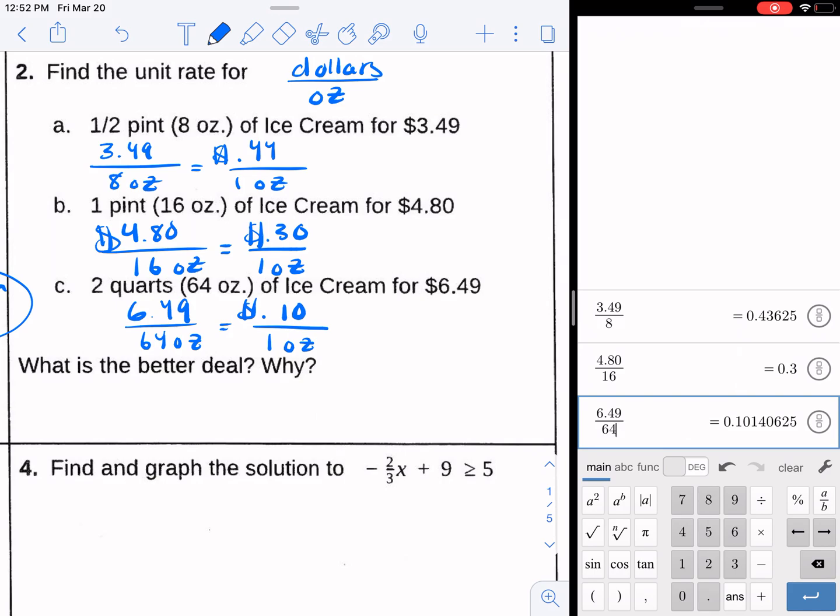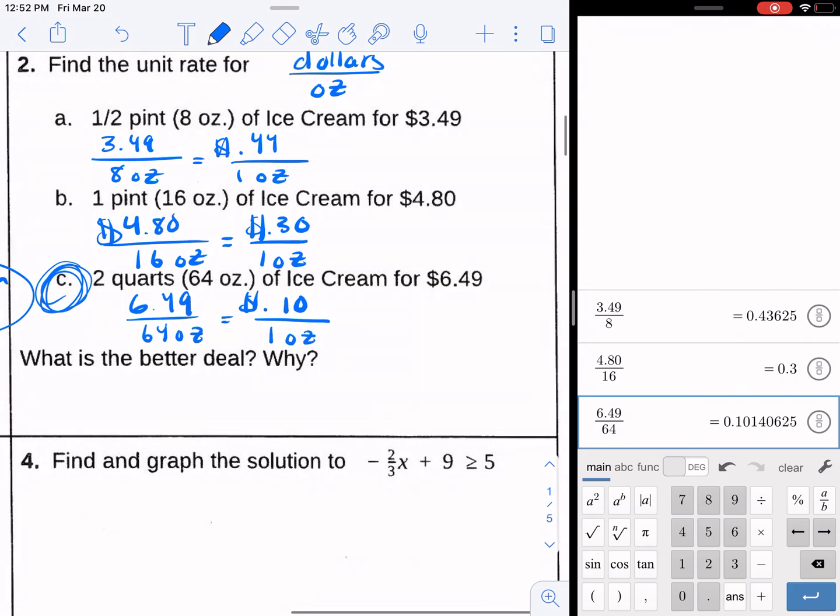So, which is the better deal and why? Well, I mean, it's kind of obvious, isn't it? It should be C. The reason why, well, because it is 10 cents per ounce. The other two are a bit more expensive. So what's the better deal? 2 quarts.